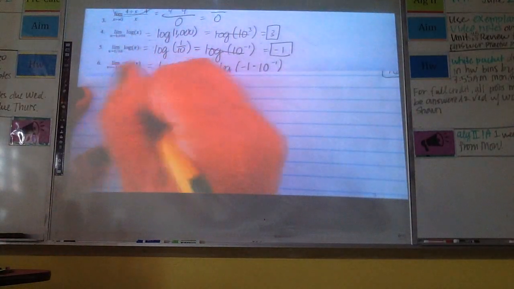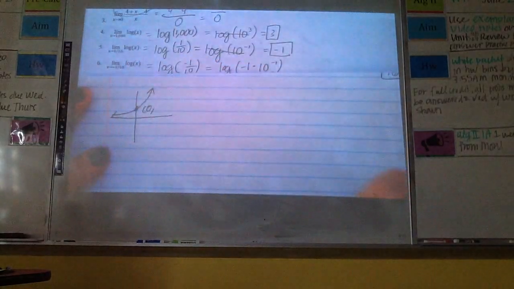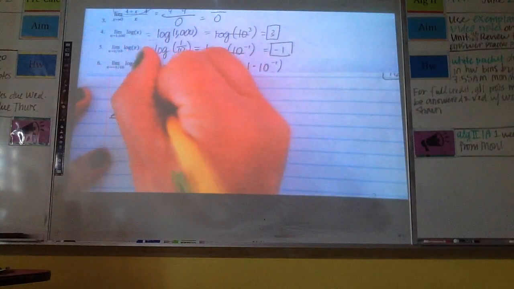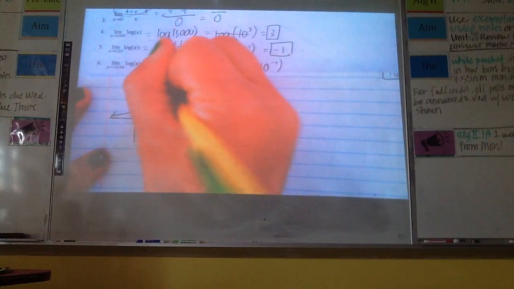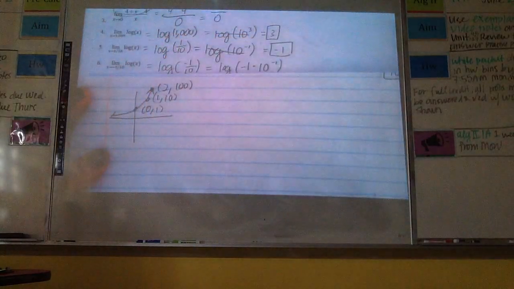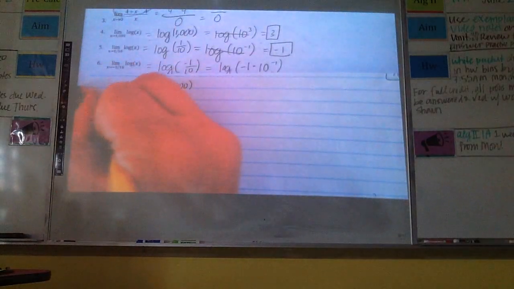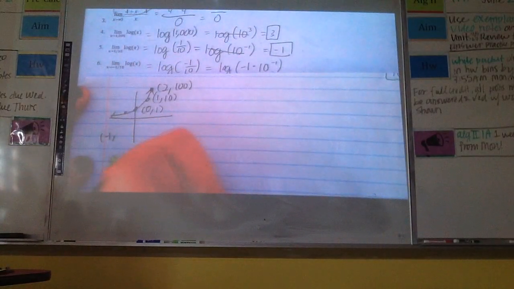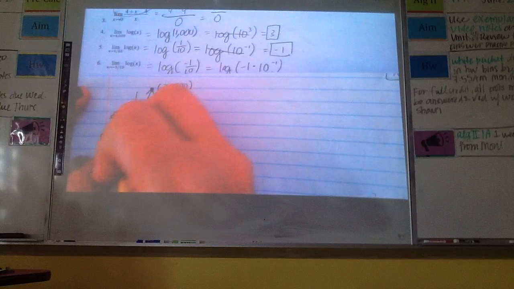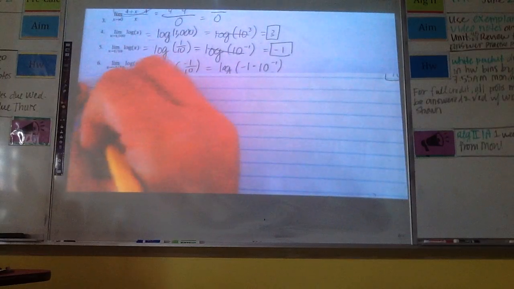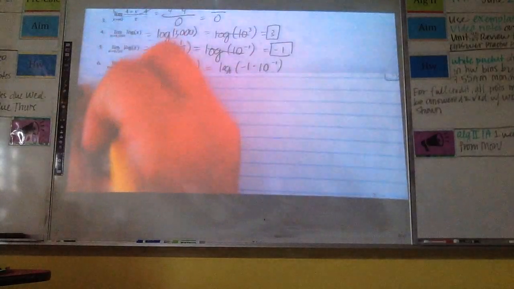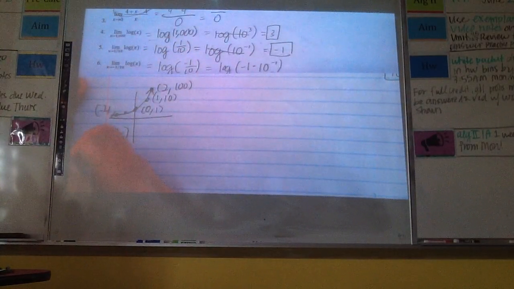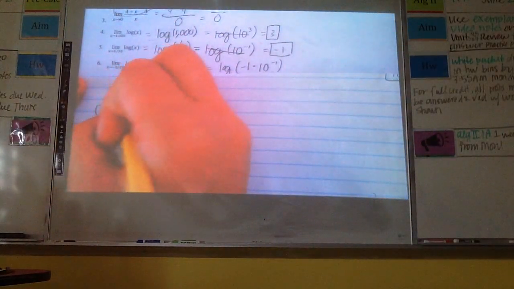We would have points like 0, 10 to the 0 is 1, 1, 10 to the 1 is 10, 2, 10 to the 2 is 100, negative 1, 10 to the negative 1, remember that's 1/10, negative 2, 10 to the negative 2, keep in mind that's 1/10 squared, so that's 1/100th.